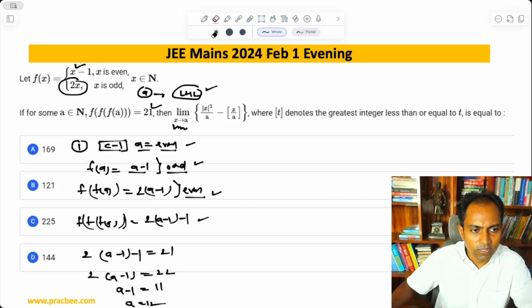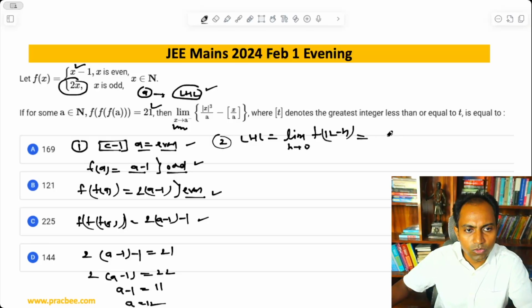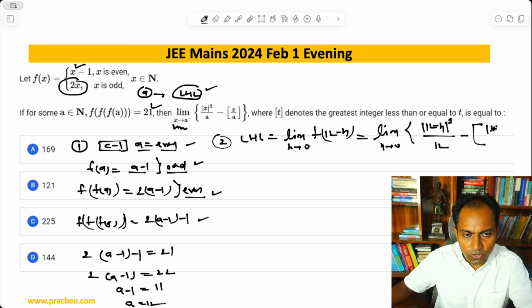Now, once you have done this, in the next part, what we will do is figure out the value of LHL. So it becomes limit h tends to 0, f of 12 minus h. Now, if I do this, this becomes limit h tends to 0, mod of 12 minus h whole cube divided by 12 minus greatest integer function of (12 minus h) by 12.